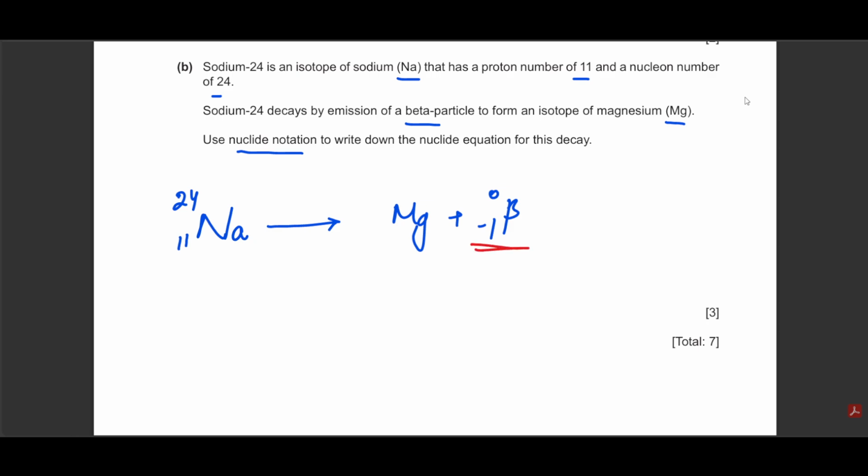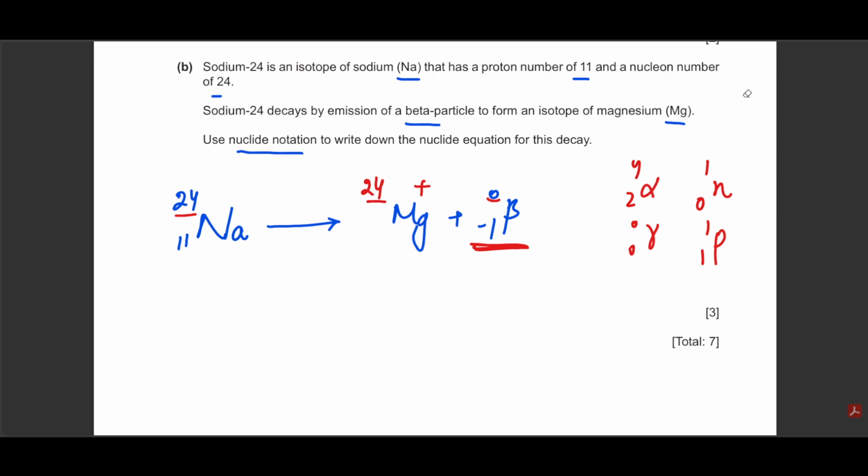We have to memorize the atomic numbers and atomic masses for beta, alpha, and gamma. Beta is 0, minus 1, alpha is 4, 2, and gamma is 0, 0. Just for a reminder, neutron is 1, 0, proton is 1, 1. And this is for beta. So we can then use algebra, since charges are conserved. So over here we should get 24, because 24 plus 0 should be 24 on the left-hand side.